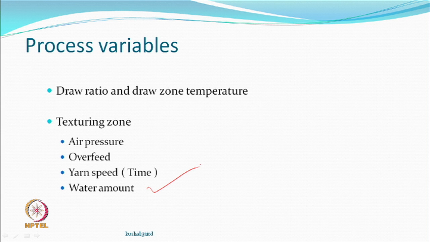We have written here something called a water amount. This process is supposed to be a dry process, like false twist texturing, a dry process. But if you remember, we had mentioned in that line diagram that there can be a water applicator.